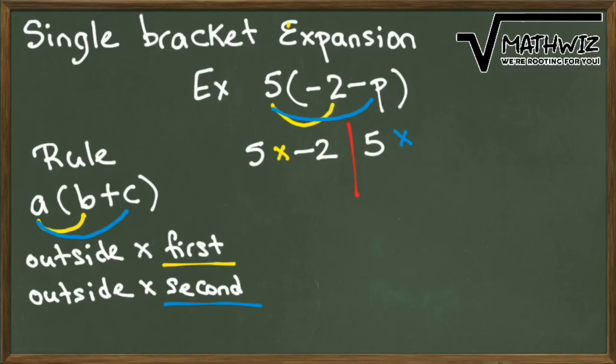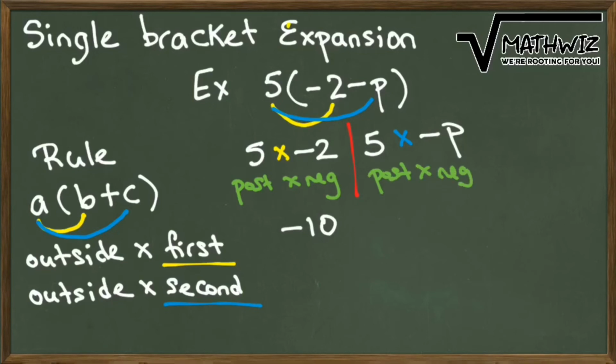And so we have 5 multiplied by minus p. Now we have a positive multiplied by a negative, which is going to give us a negative. And again, we have positive multiplied by negative, so we will still get a negative. So 5 times minus p is going to be minus 5p.